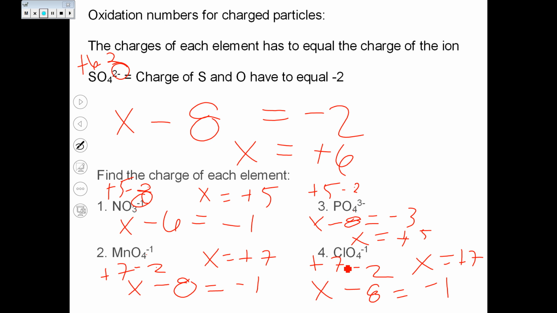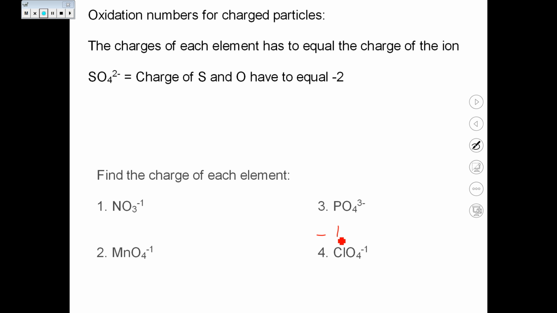If you made chlorine -1 and oxygen -2, -1 plus -8 would not add up to -1. So if you are given 2 elements from that list, you have to set the one that's higher up on that list to whatever it says it is, and then you have to calculate the other one using that little algebra trick.